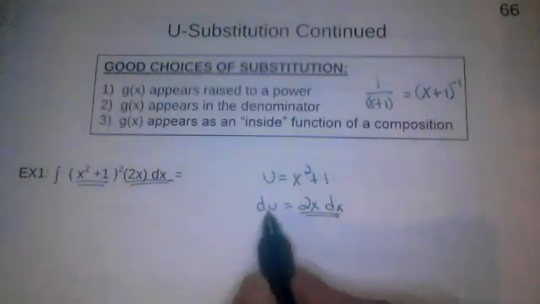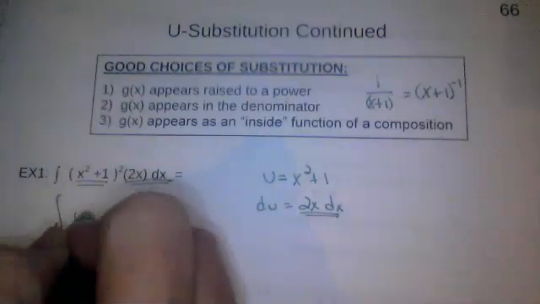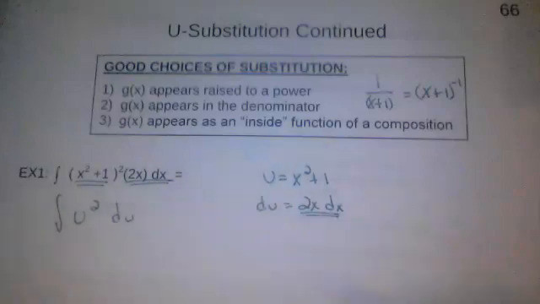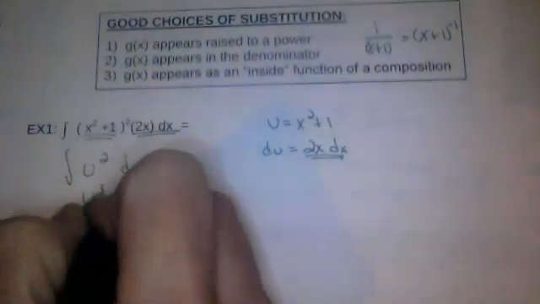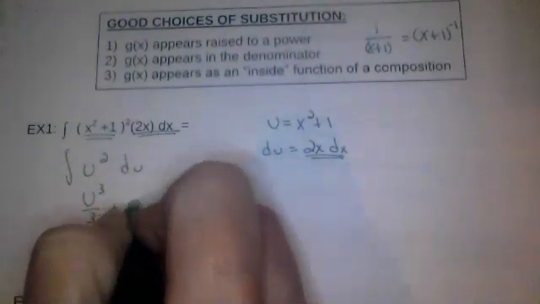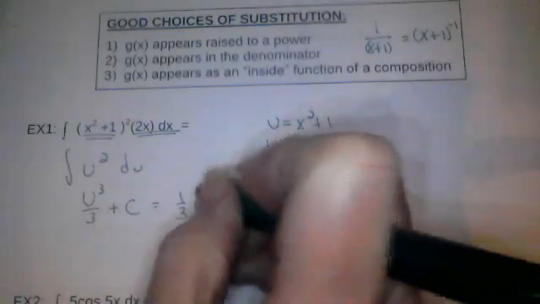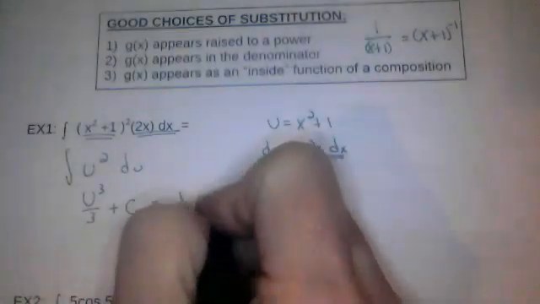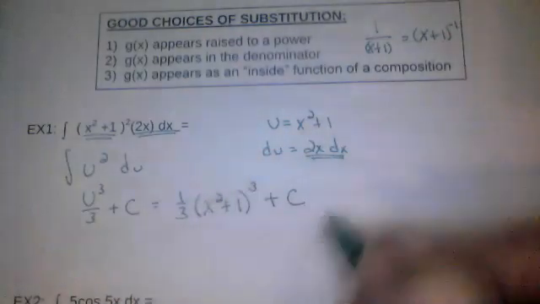So we're just going to replace the 2x dx with du. We're going to have the integral of U squared du. So we integrate that, and we get U to the third over 3 plus c, or 1/3 times x squared plus 1 to the third power plus c.